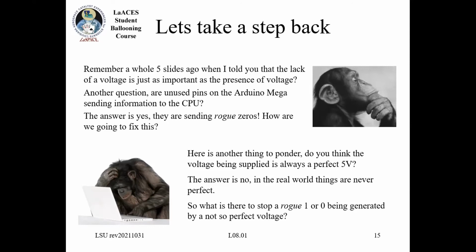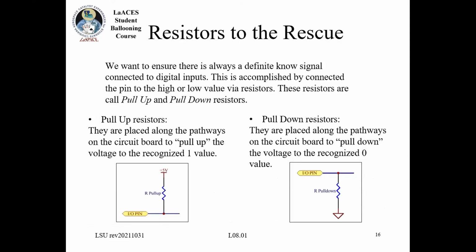And the other thing is, is it high? Is it going to be perfectly 5 volts, right? And the answer is no. And basically, we don't want stuff to be randomly not having a clear signal of its 1 or 0 while we're using it. So what we actually do is connect resistors to it.